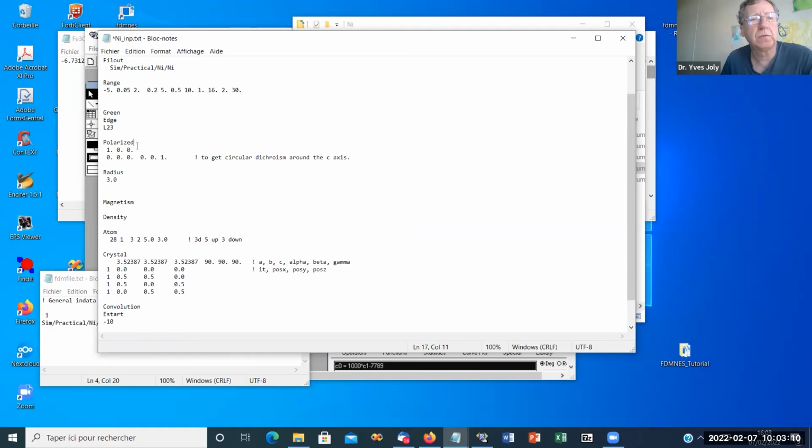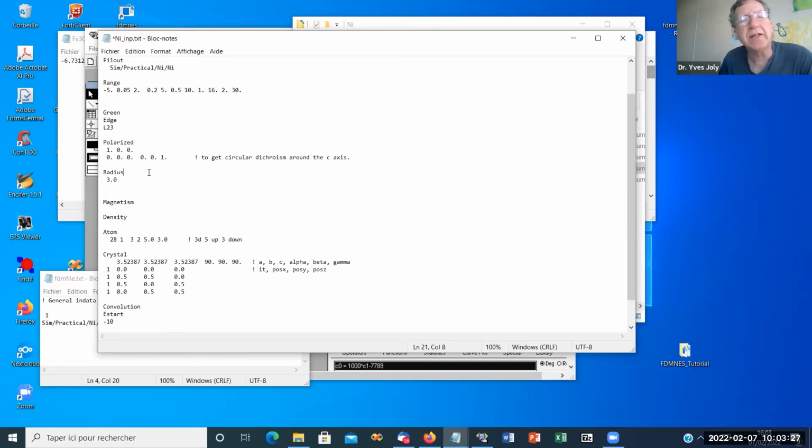Well, in fact, we don't need that. But we could. If we have just one OO, it would be just a polarization along X, as we saw before.